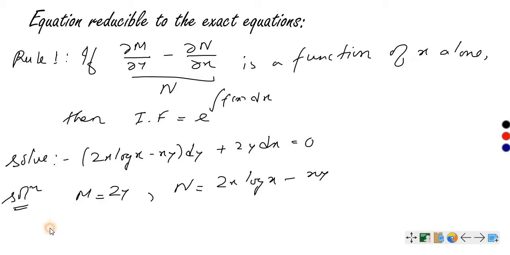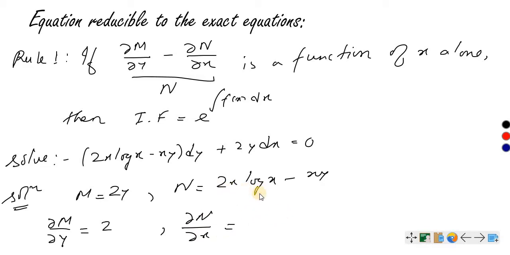Now next step, we have to simply take the partial differentiation of M with respect to y, and we will get it equal to 2. Similarly, when we take the partial differentiation of N with respect to x, we are going to get what?